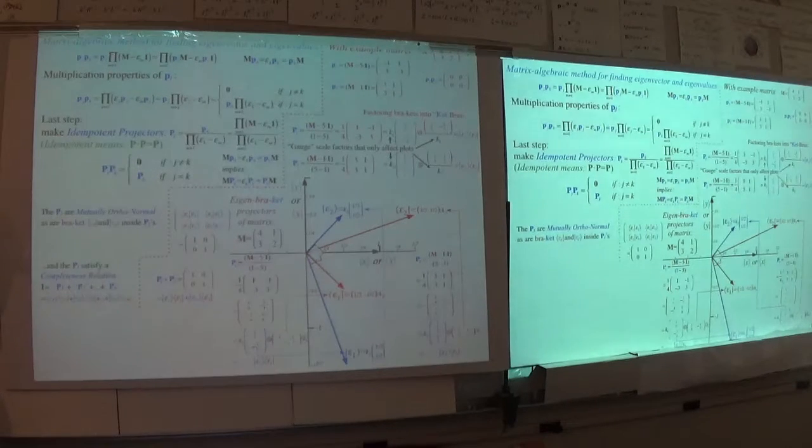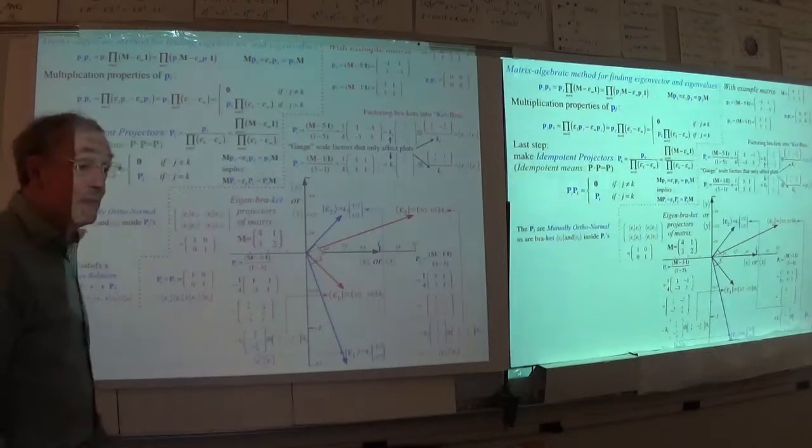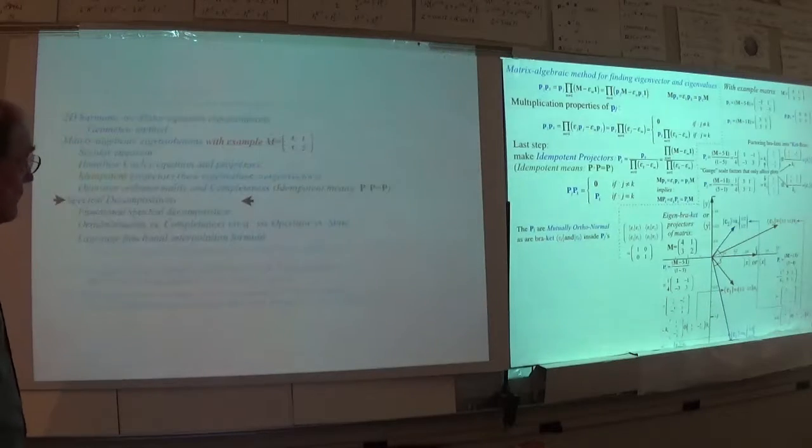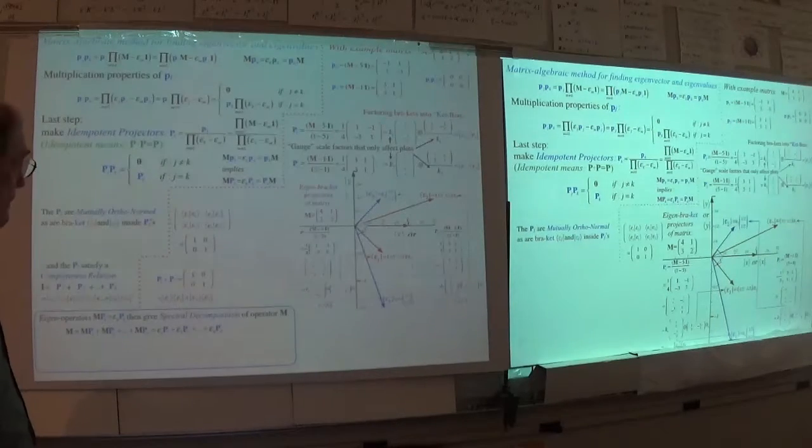Okay? So we've got mutually orthonormal projectors and vectors that go with them. And then we've got ket-bra combinations, which are the projectors summing to 1. Wow, that turns out to be powerful. That is really what some people call the cat's meow.